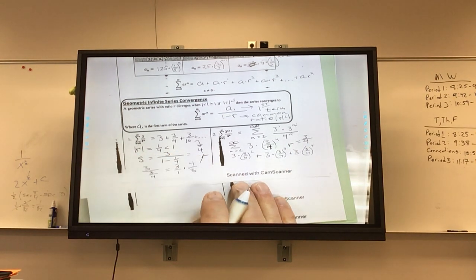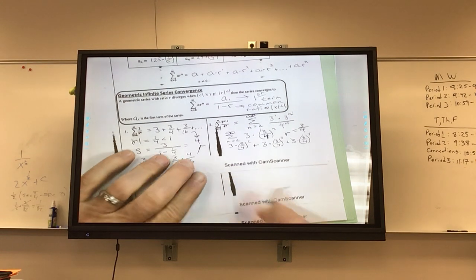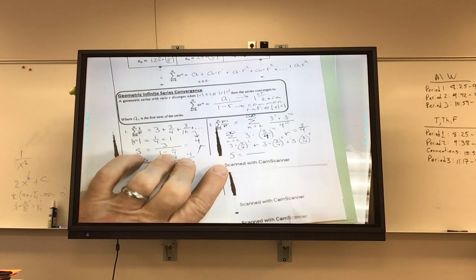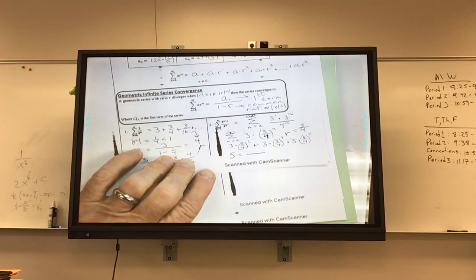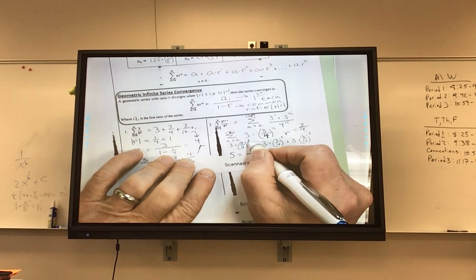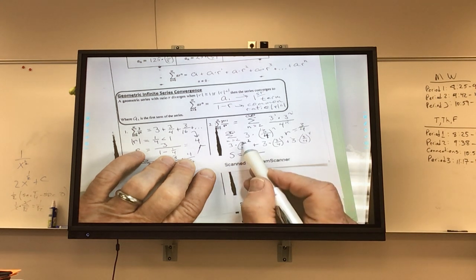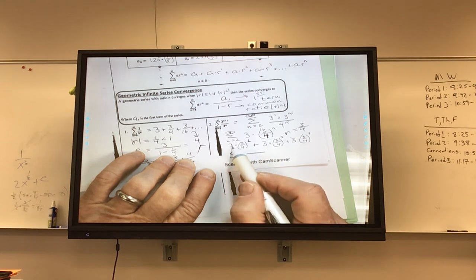Which means, Walker, it has a sum, right? Yep. Why? Because it's less than 1. All right, Ethan, S equals that sum. Remember, it's starting at 2 here. What's 3/4 times 3/4? 9/16. Times 3, 27/16.